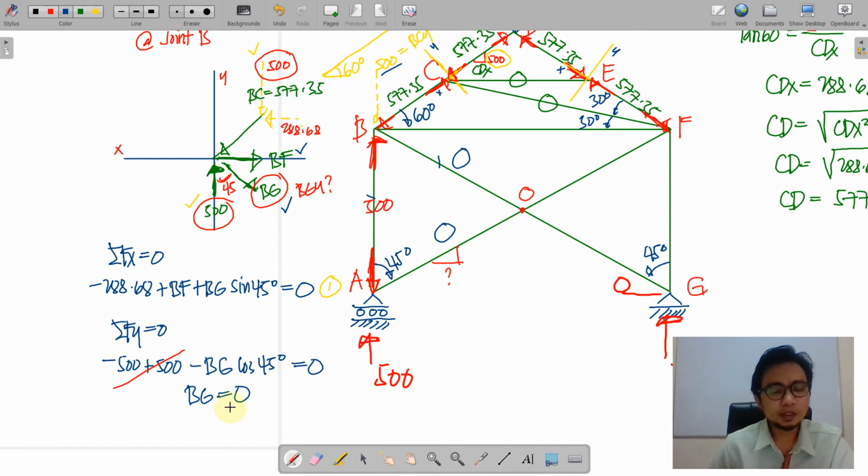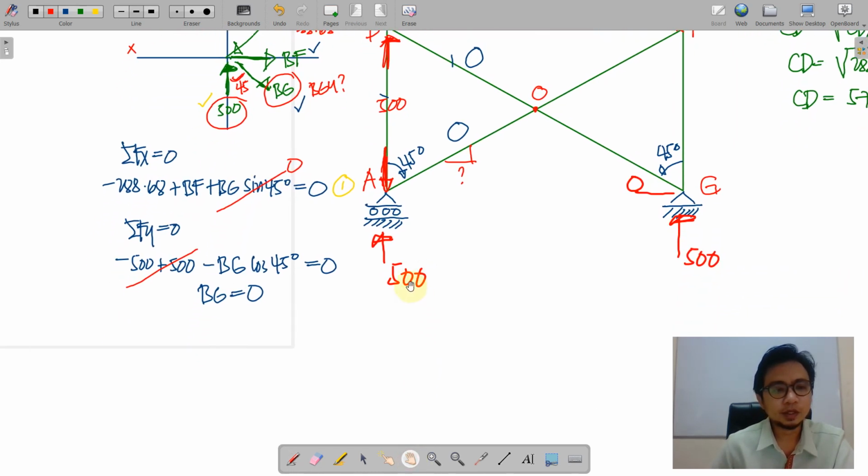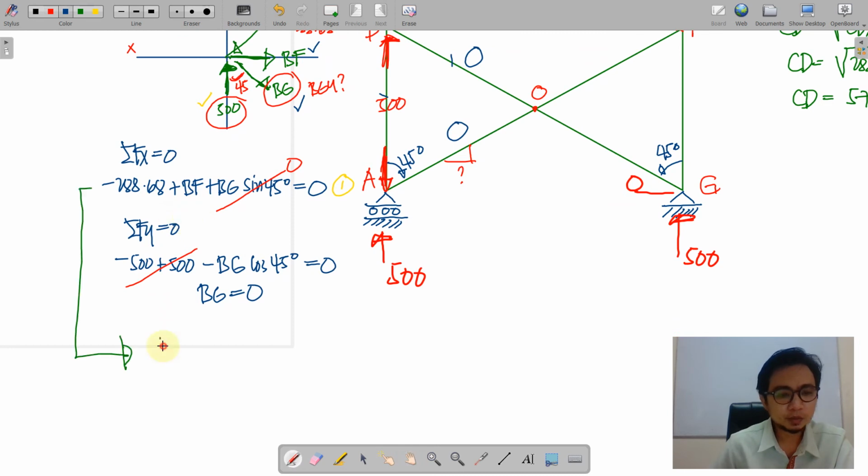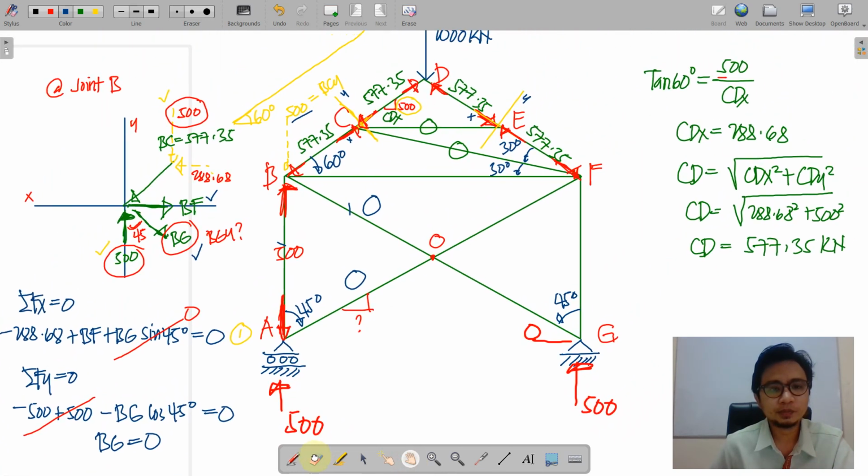So if BG is equal to 0, going back to equation 1, this is now cancelled. So what is left is BF and this value, wherein we can say that BF is equal to 288.68.